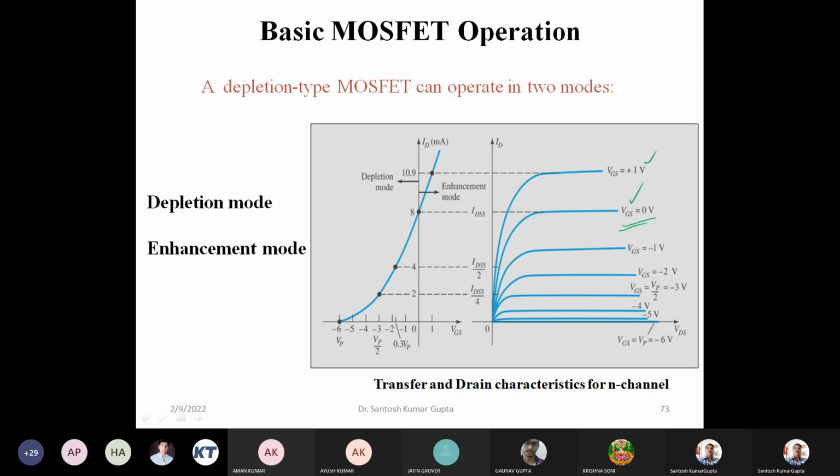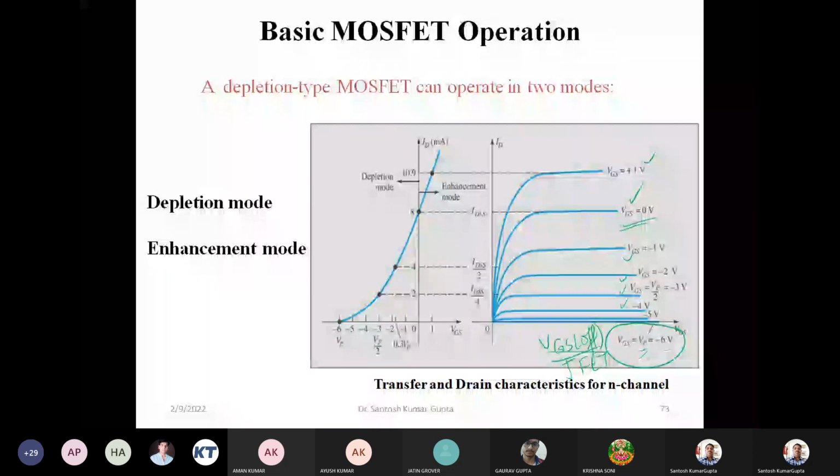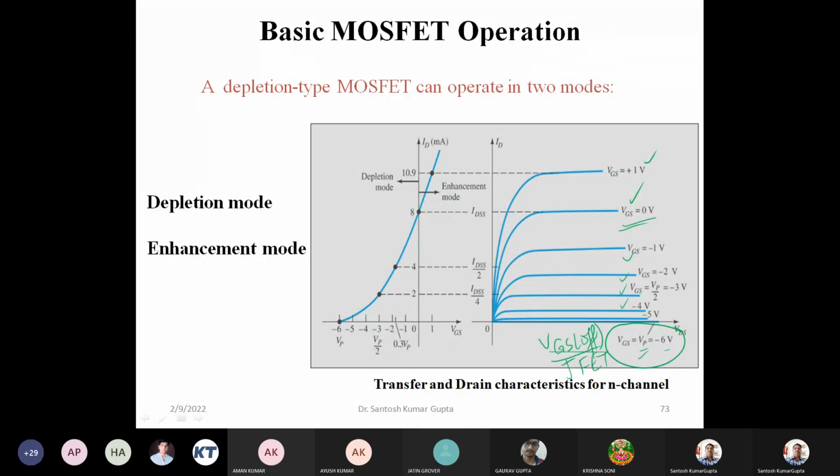And for lower values of gate voltage, the current decreases, and there exists a corresponding value similar to the VGS off of JFET, being called here pinch-off voltage again, for which the channel vanishes and there is no current. So this is the output characteristic here.